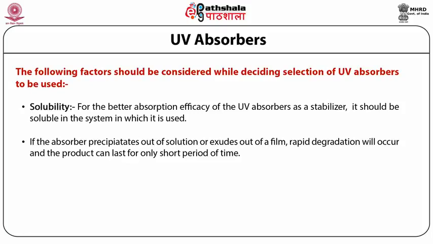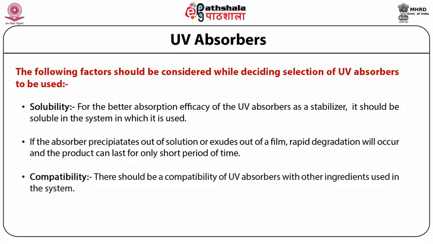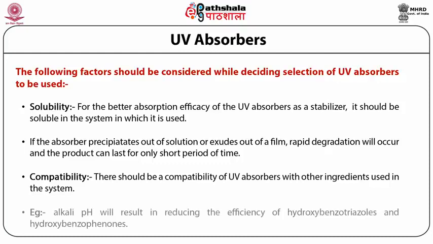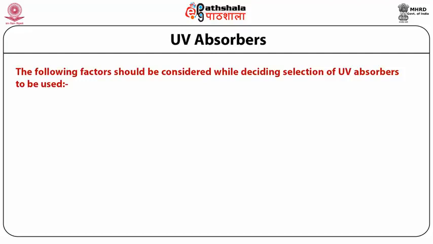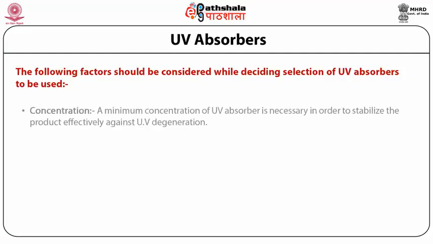The second factor to be considered is compatibility. There should be compatibility of UV absorbers with other ingredients used in the system. Example, alkali pH will result in reducing the efficacy of hydroxybenzotriazoles and hydroxybenzophenones. The third important factor to be considered is concentration.